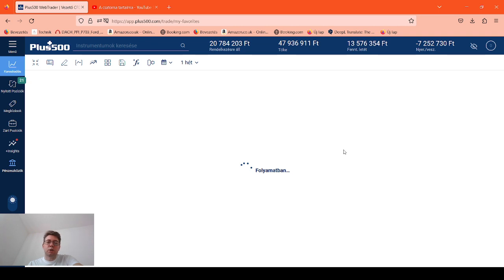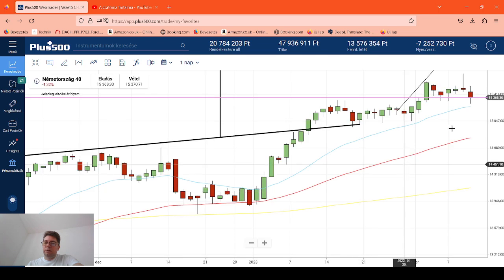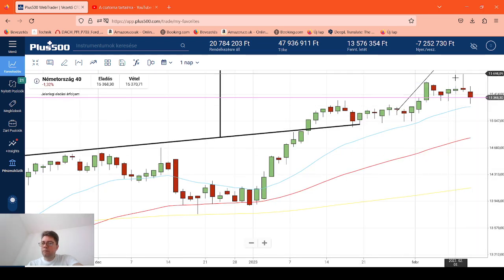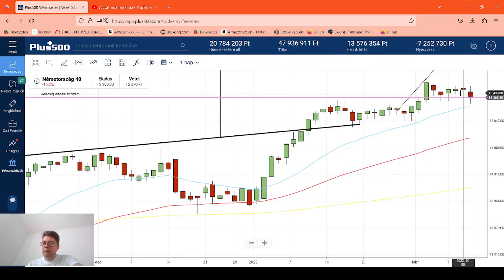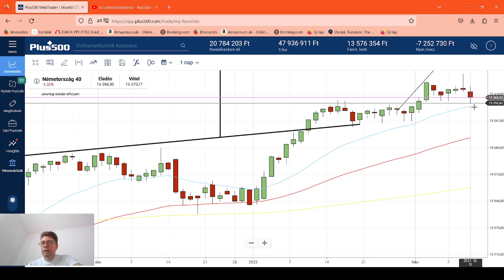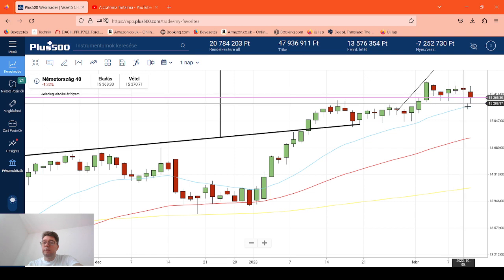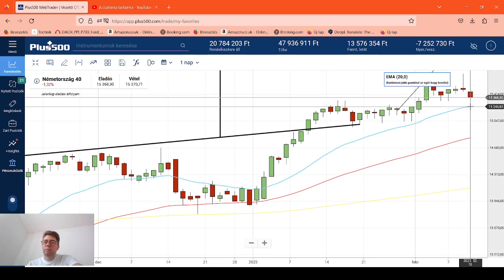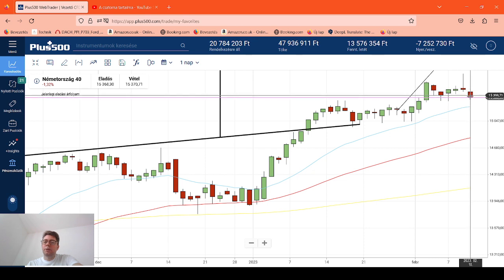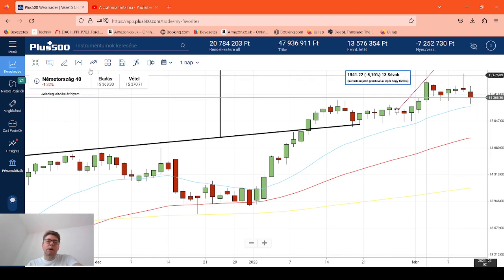This is the daily chart on the German index. And on the daily, we had this threatening daily candle, and of course we fell, but we pulled back. So we didn't even touch the 20-day EMA. Very bullish, very bullish. Maybe Monday we will continue to go back up.